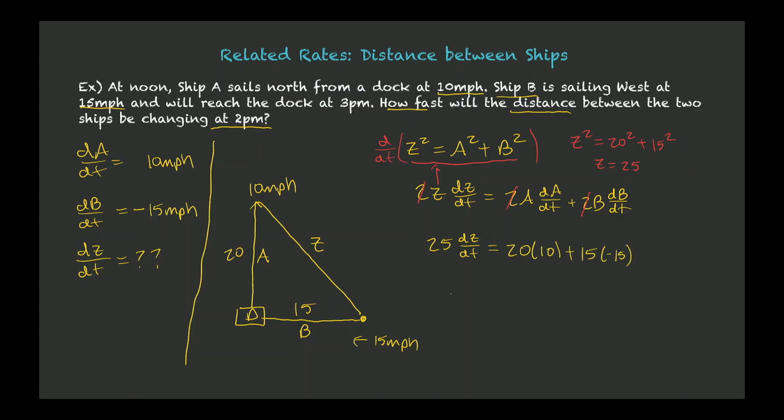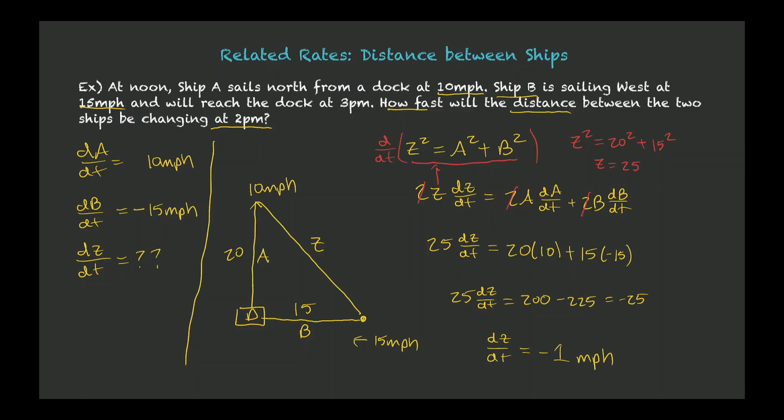So we get 25 dz/dt is equal to 200 minus 225 when we do this multiplication, or 25 dz/dt is equal to negative 25. That's a pretty easy division to do. dz/dt is equal to negative 1, or 25 divided by 25, and the units on this are miles per hour for the distance.